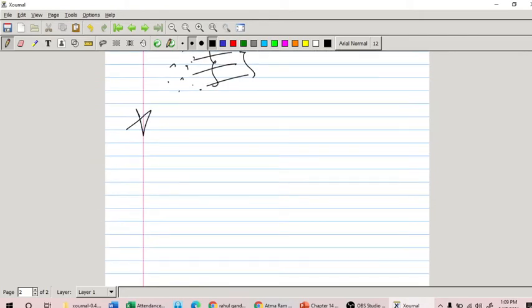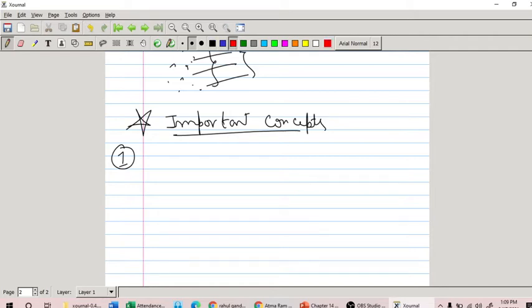Now a few important concepts to start with your simplex method. Number 1, this is your slack variable.